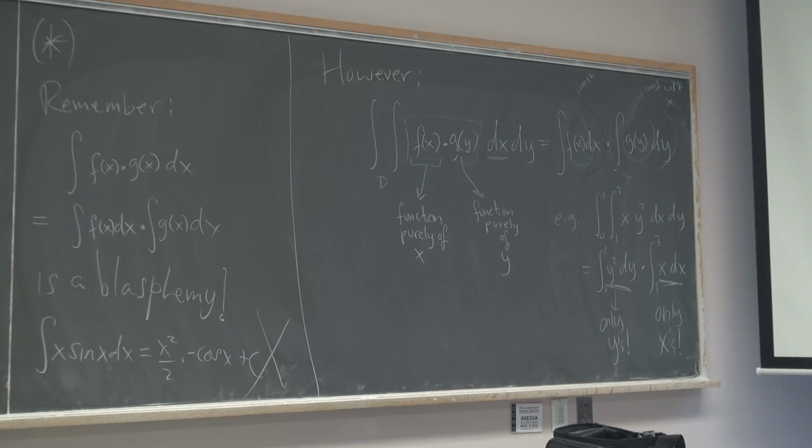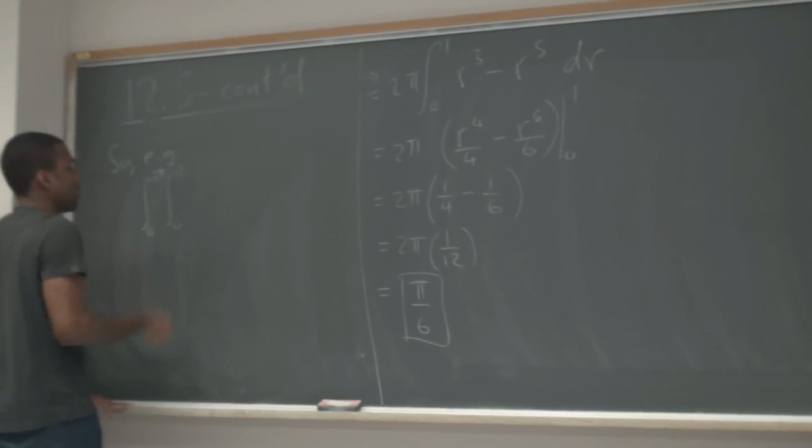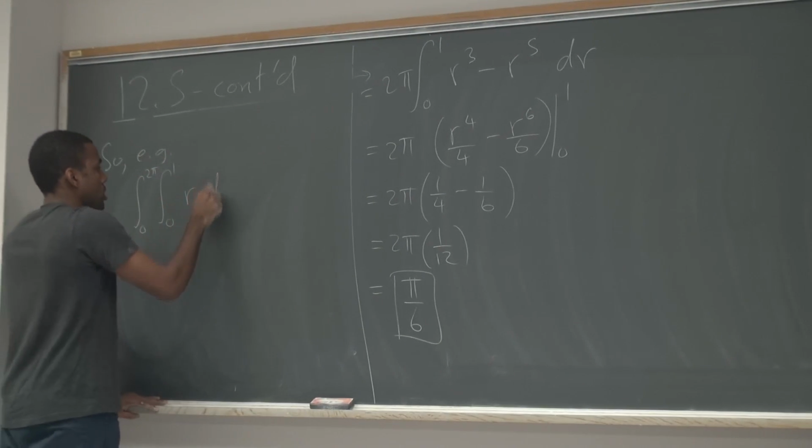applying that principle to something like this. Let's say I have a double integral, I have 0 to 2 pi, I have 0 to 1, or something like r dr d theta.